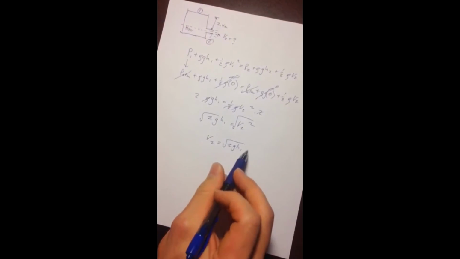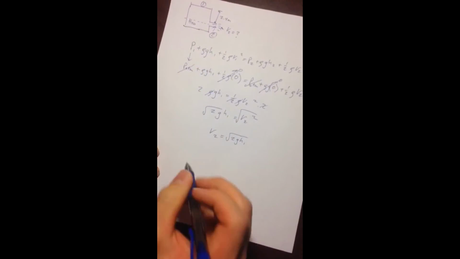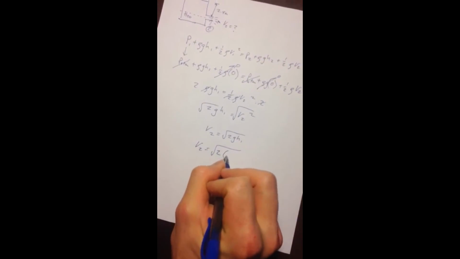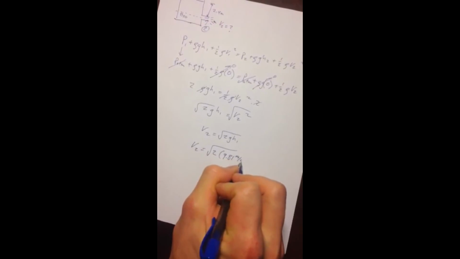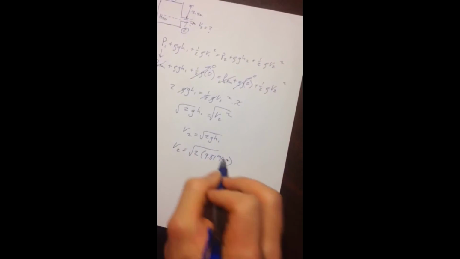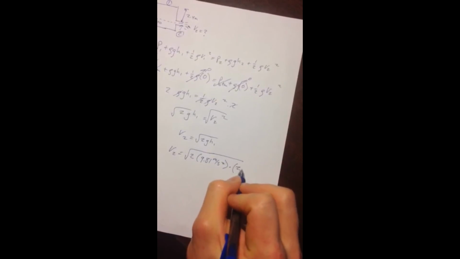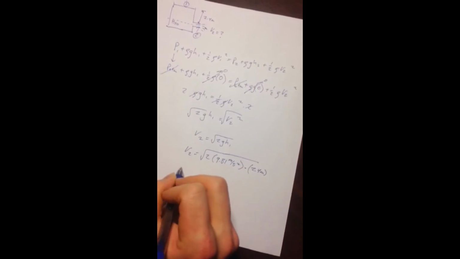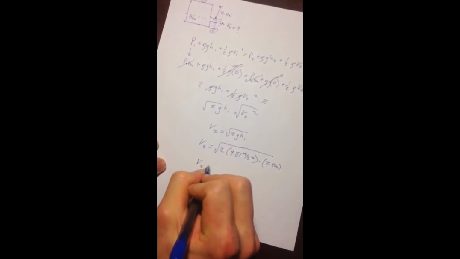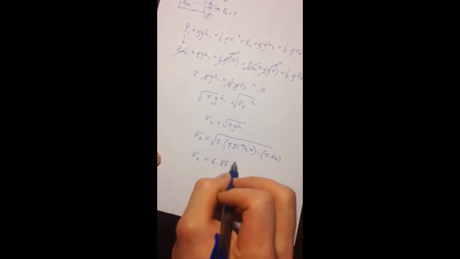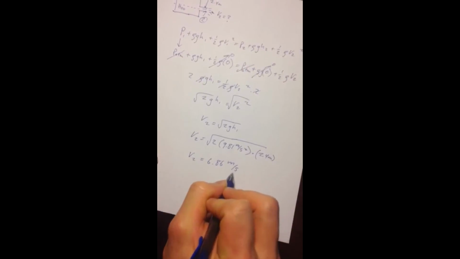We know gravity, we know the height is 2.4, and so v2 is going to be equal to the square root of 2 times 9.81 meters per second squared multiplied by h1, which is 2.4 meters. So v2, all that calculated, will be 6.86 meters per second.